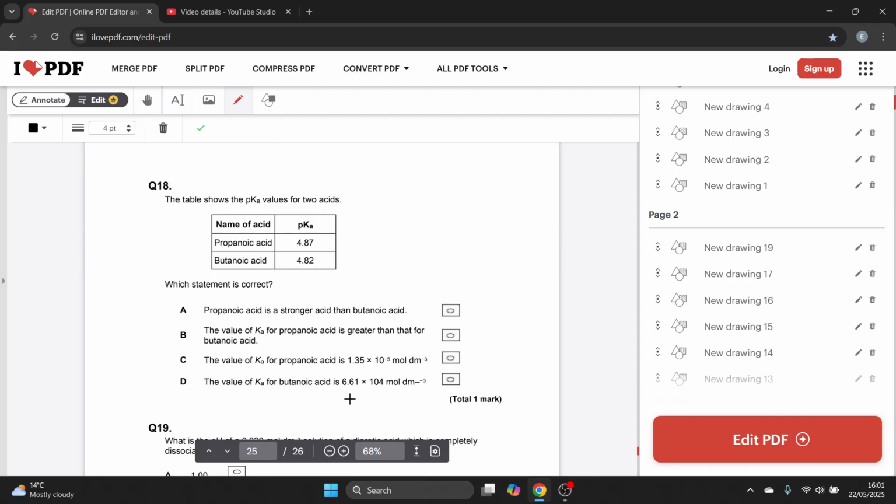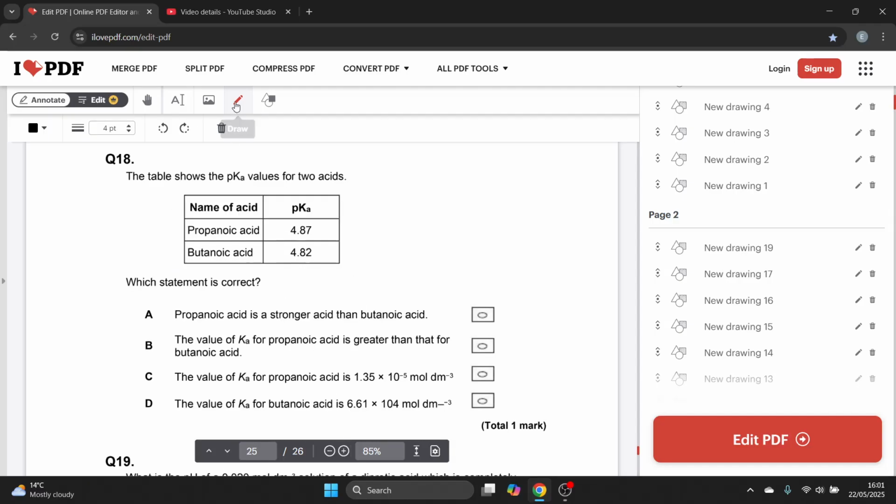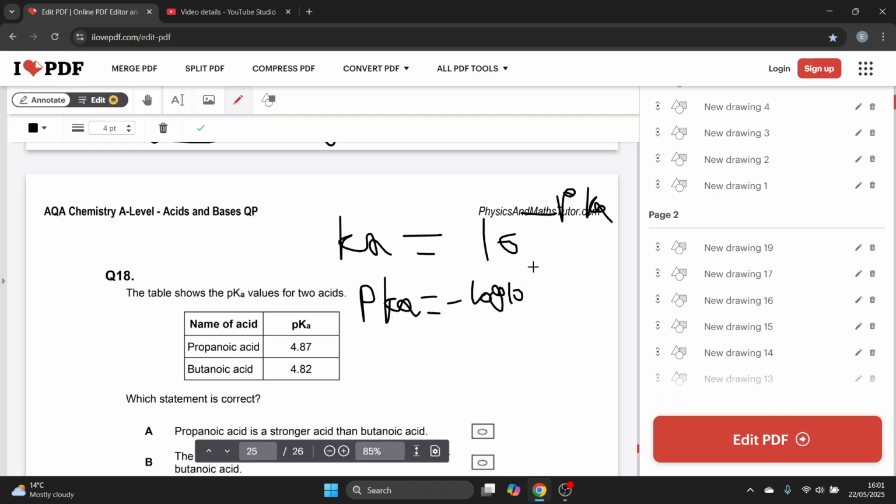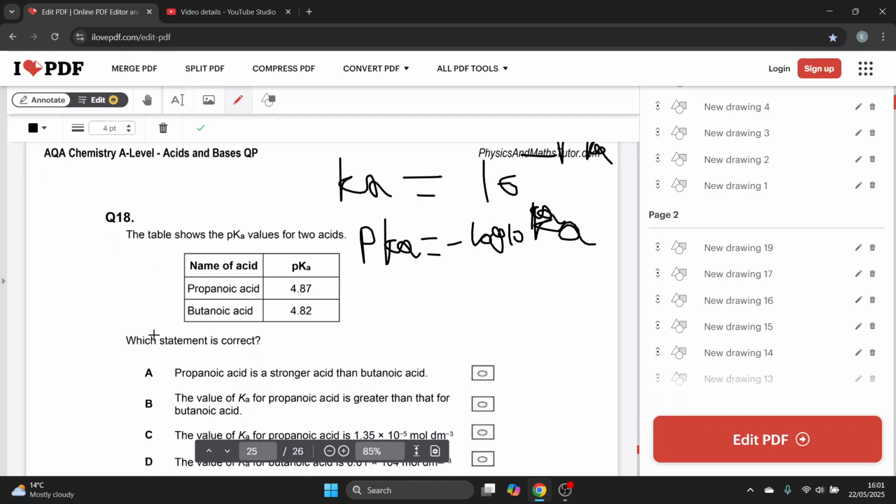Question 18, which statement is correct? I've got pKa's. Remember, Ka equals 10 to the power minus pKa, whereas pKa is minus log 10 of Ka. Anyway, which statement is correct?